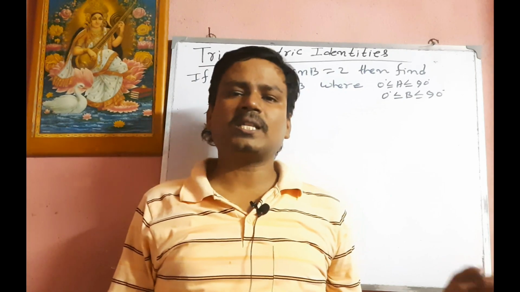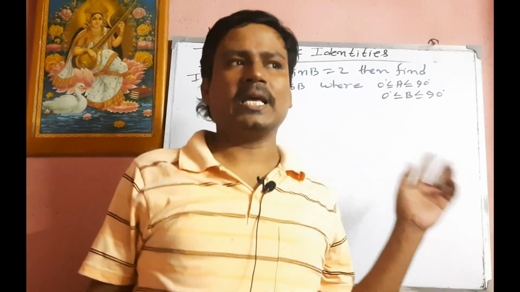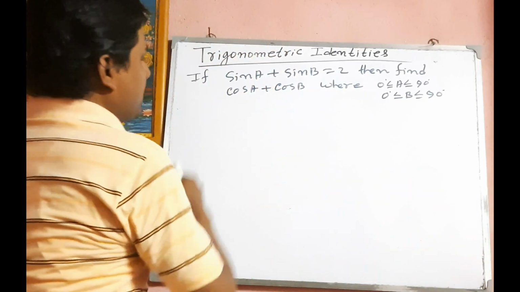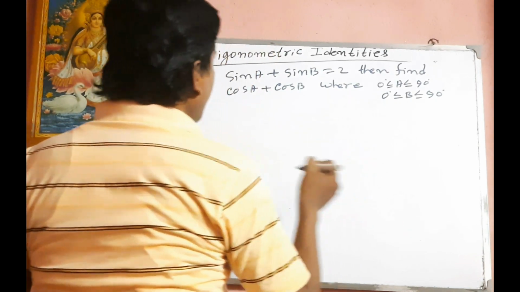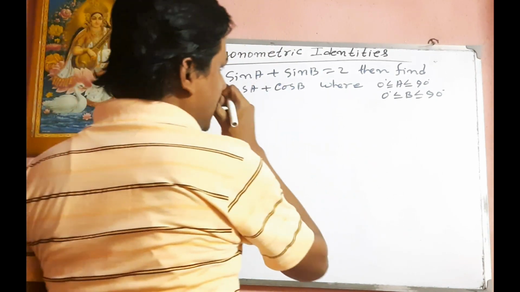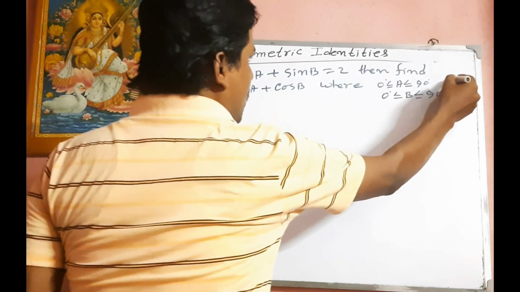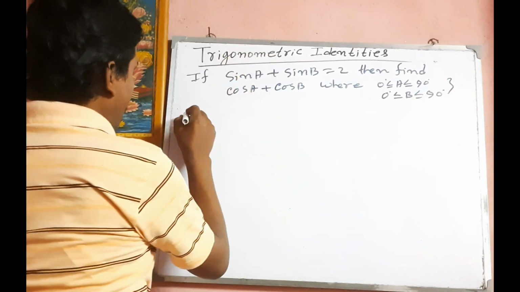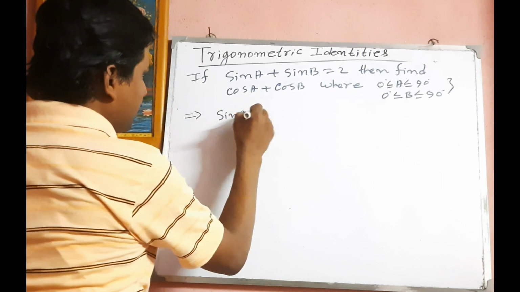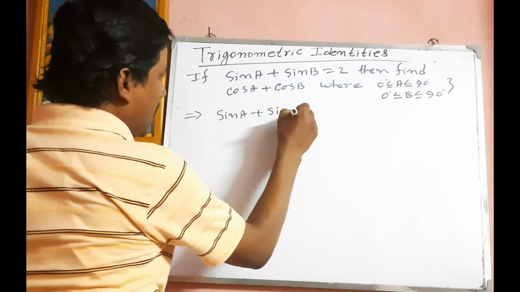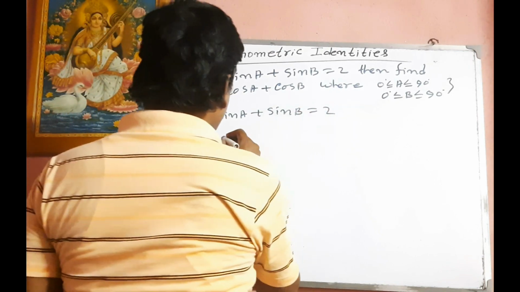Now we are discussing the last example of the day. The example is: if sine of a plus sine of b is equal to 2, then find cos of a plus cos of b, where this is the condition. According to the given condition, we may write sine of a plus sine of b is equal to 2.